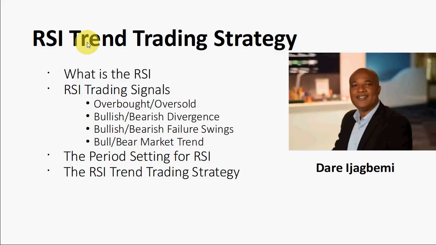We go on to look at the period settings for RSI, and finally we will look into the RSI trend trading strategy. We'll go into a live chart to demonstrate that to you. So hold on, hang on there, enjoy this content.